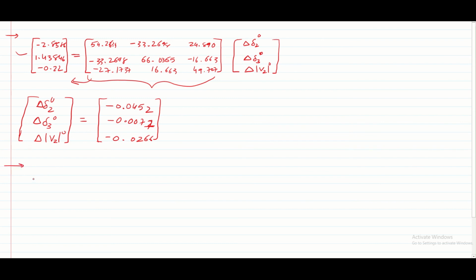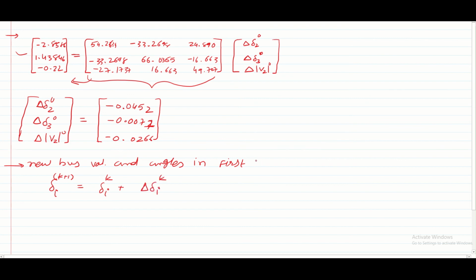Okay, so the last step is we have to calculate the new bus voltage and angles in the first iteration. So new bus voltage magnitude and angle is derived using this equation: delta i^(k+1) is equal to delta i^k plus delta delta i^k.